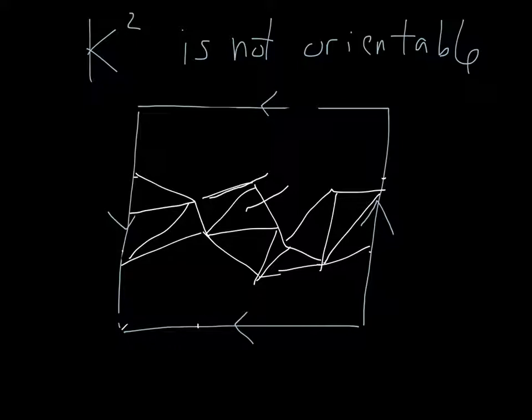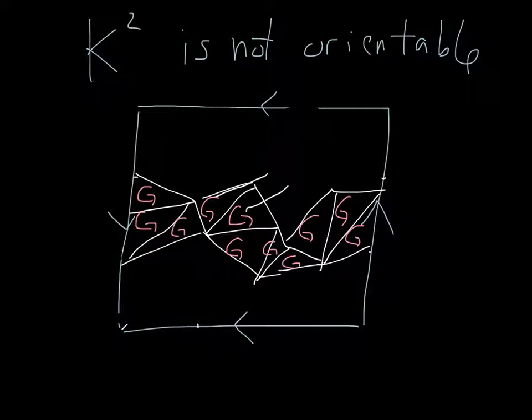So let's just put an orientation in this direction. So this one has to go this way, this way, this way, this way, this way, and so on until eventually we're going to get to the other side. And this is where we run into the issue. Because now, when we make the identification of this edge with this edge, there's a flip. There's a half flip.